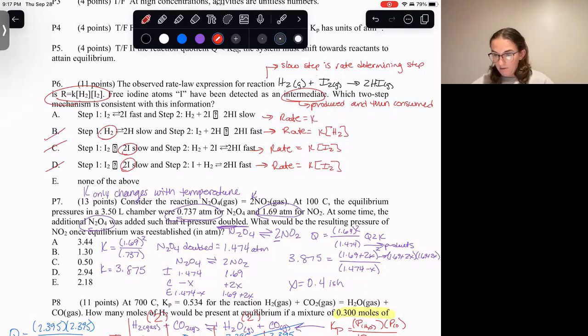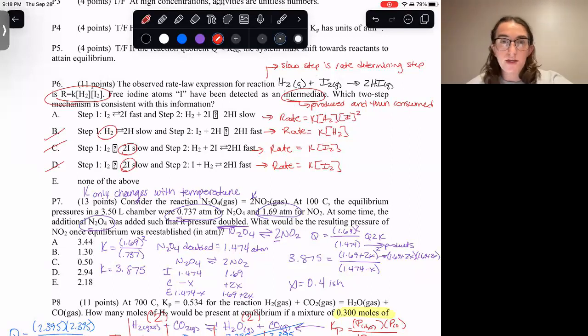It's going to be K. What are we multiplying by? Good, we would say that this would be H2 times I squared.